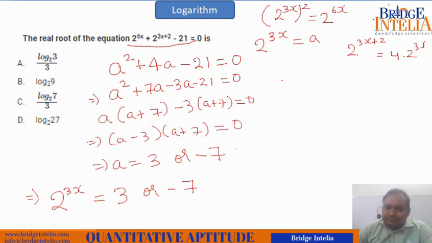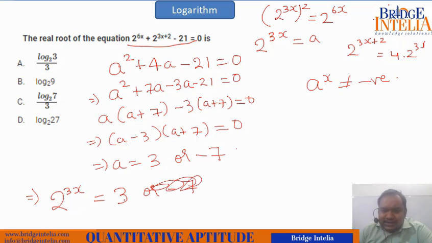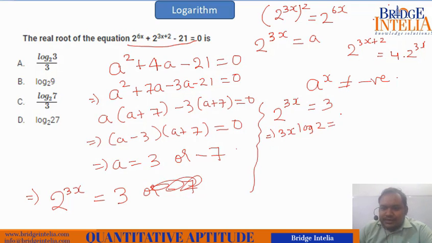Now understand something. a to the power x can never be negative. So the only possibility is 2 to the power 3x is equal to 3. Now we have to find the value of x as well. 2 to the power 3x is equal to 3. Taking log both sides, 3x log 2 is equal to log 3.